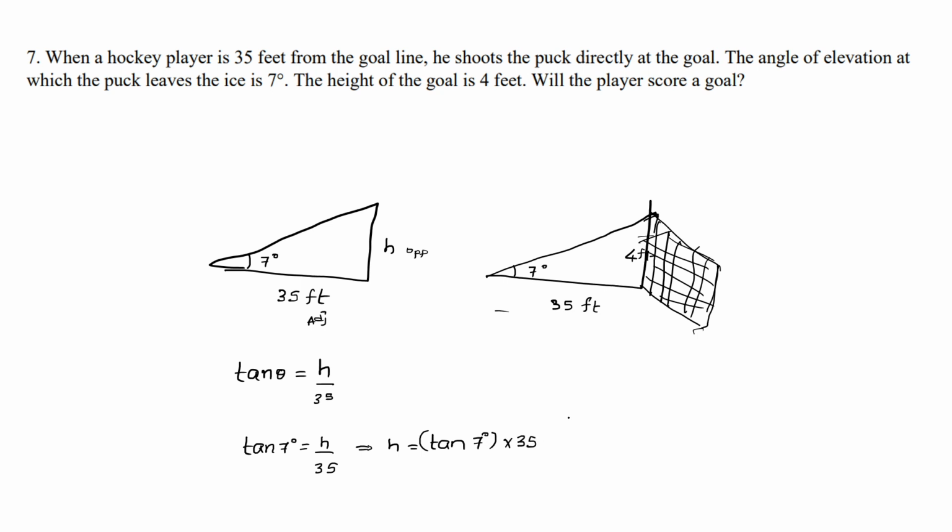If I calculate this using a calculator, tan 7 degrees approximate value is 0.122 into 35.